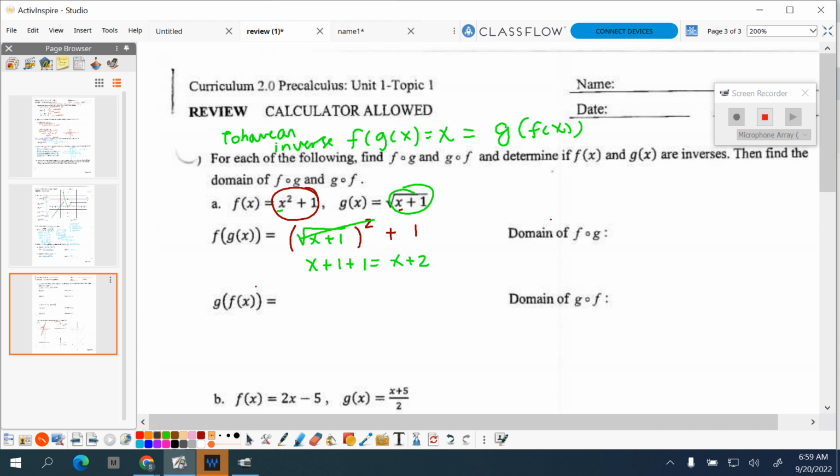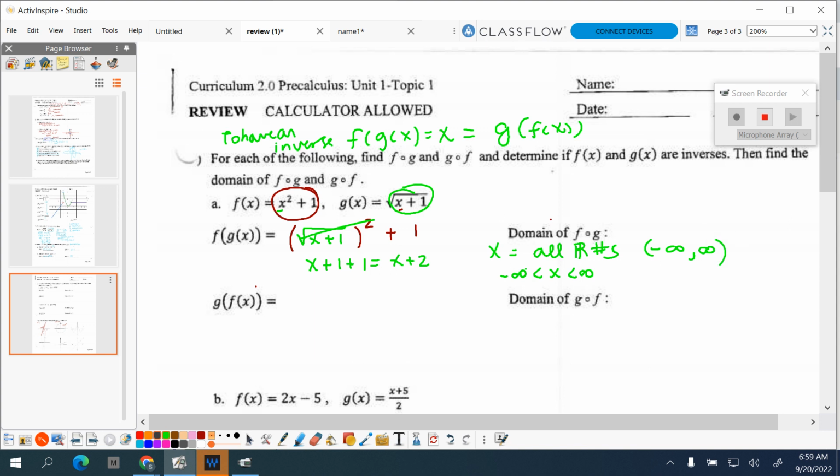The domain of this is all real numbers. So you can write this way, x equals all real numbers, or you could do set notation, or we can do interval notation. All of these suffice.